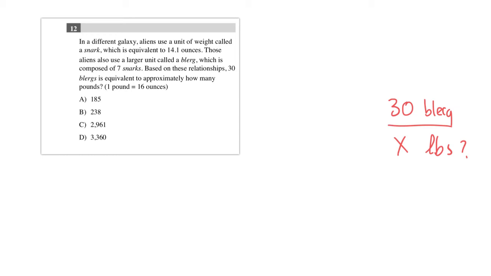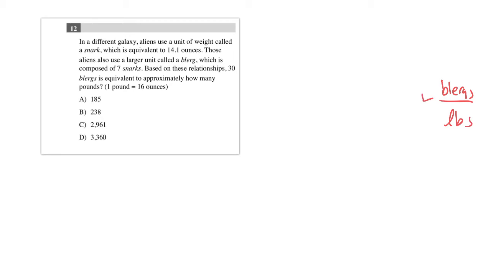So I'm actually going to write blurgs over pounds in the same way that we've kind of done before. And we know that one of the fractions is going to be 30 over x, but the question is, what is the other fraction we're going to set it equal to, keeping in mind that we have blurgs and pounds down there?